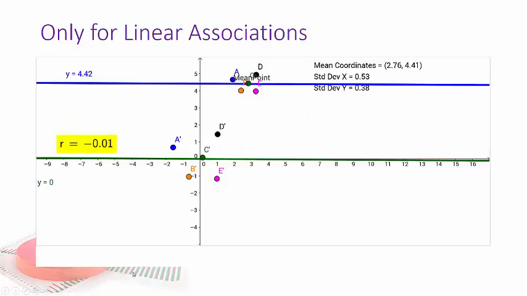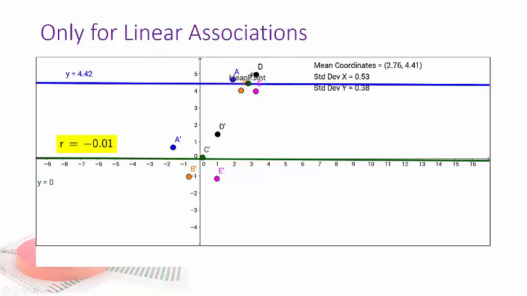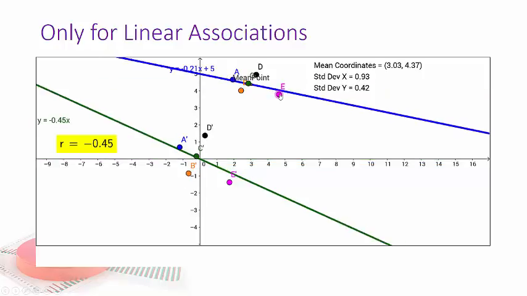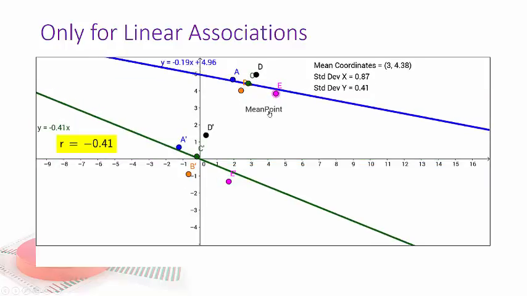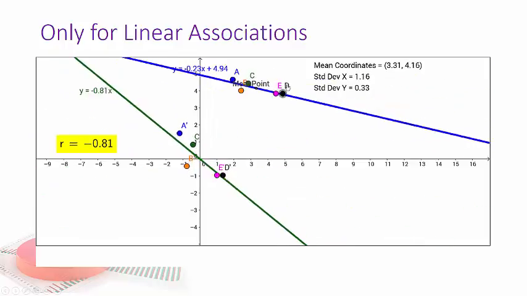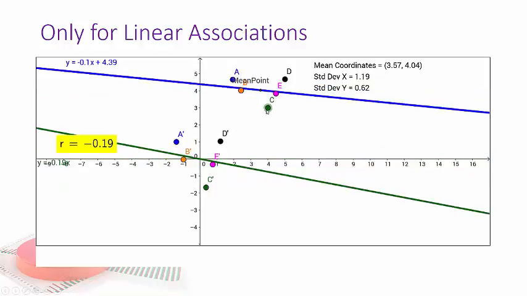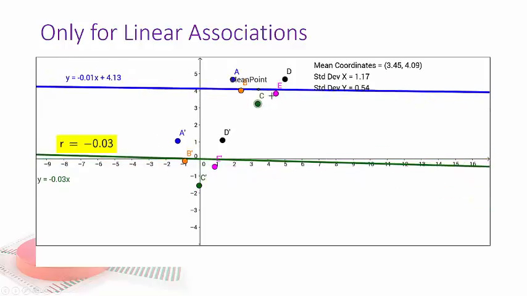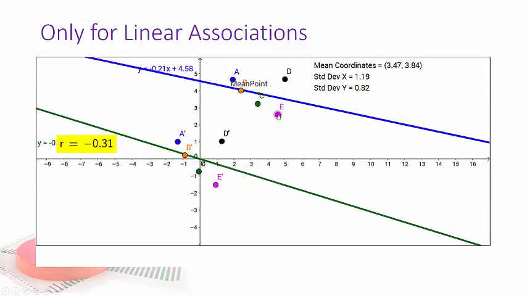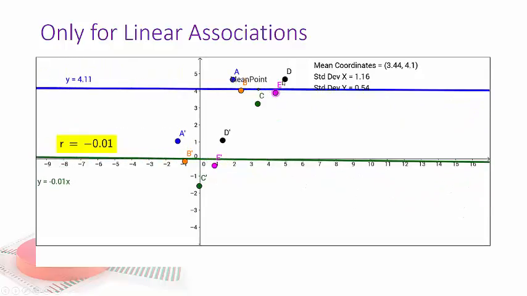So now for linear, so it's only for linear association. So again, I've got these points scrambled around. Let me do this. I'll move some of them around. Not my mean point. And keep grabbing my mean point. Let's say it was a little bit quadratic.